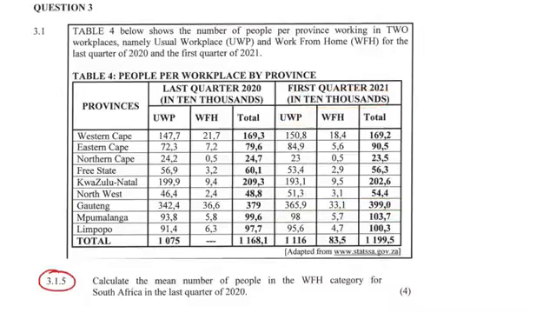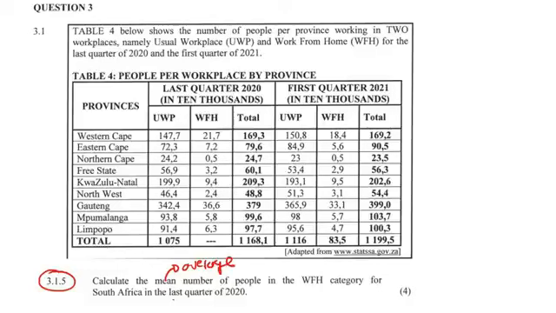Moving on to this question, it says calculate the mean. What does the mean stand for? It means the average number of people in the WFH category for South Africa. I don't see South Africa on the list. Remember, guys, this is all South Africa. So it says calculate the average number of people in the WFH for South Africa.